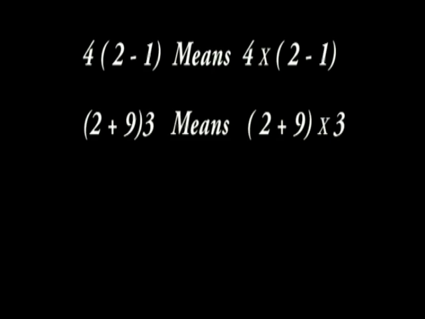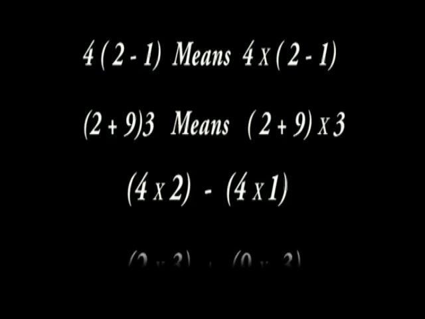Such can be written as 4 times 2 minus 4 times 1, and 2 times 3 in one bracket plus 9 times 3 in another bracket.